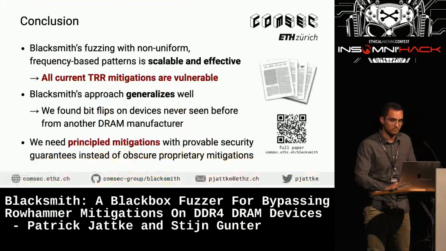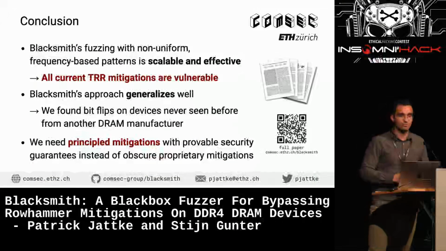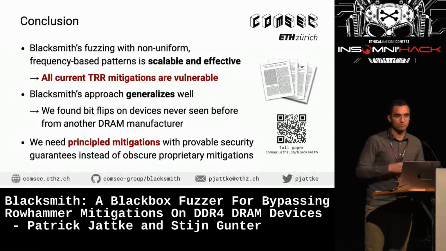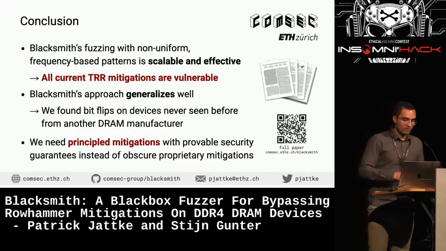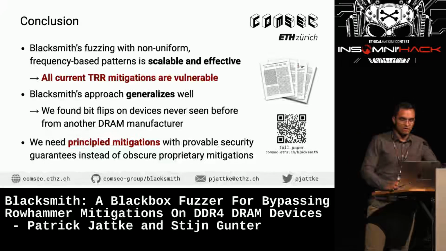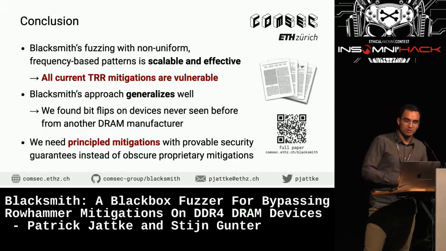So do you have any thoughts or ideas on what would be a good mitigation or solution to Rowhammer, or is this something different that you're not familiar with? Yes, there have been many proposals in academia. One of those proposals comes actually from my group, from a colleague of mine.